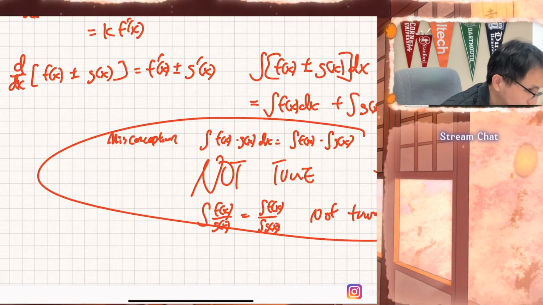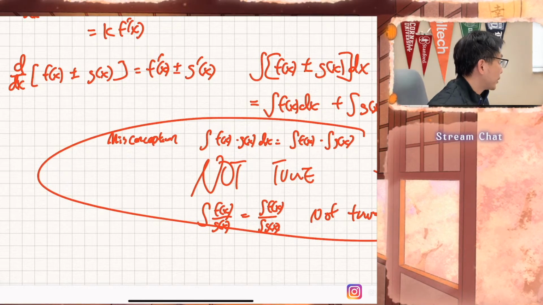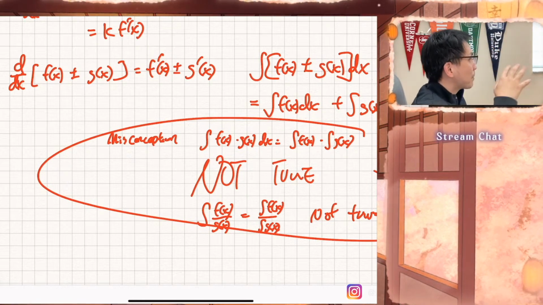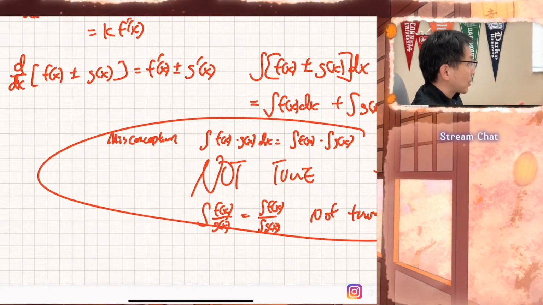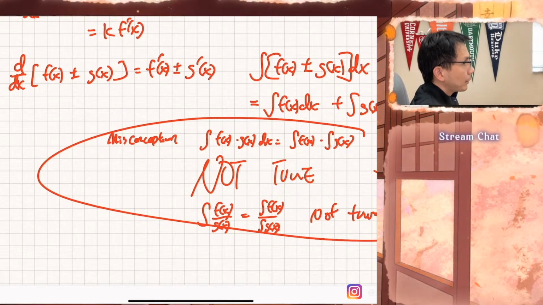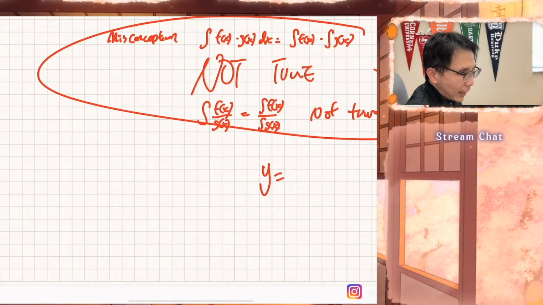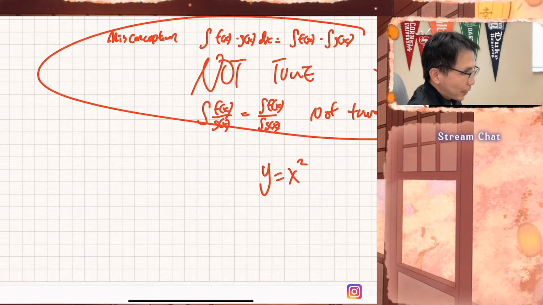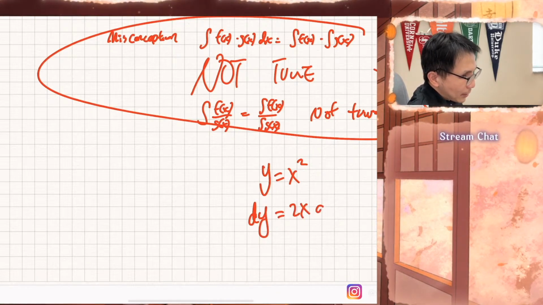Wait, okay, so why do you add the dx after you do the integral? Well, that's a very, very good question. We're supposed to cover one section before this section. It's called differential. Differential is like if you take y equals x squared and take the differential, it's going to be dy equal to 2x dx.